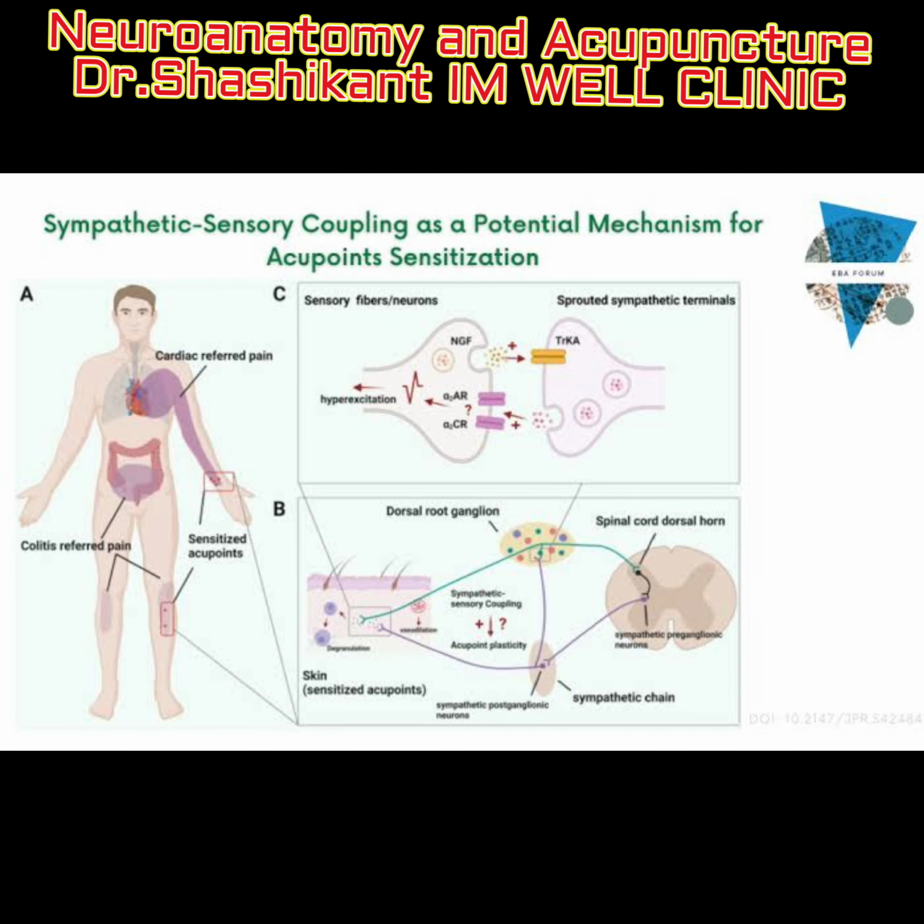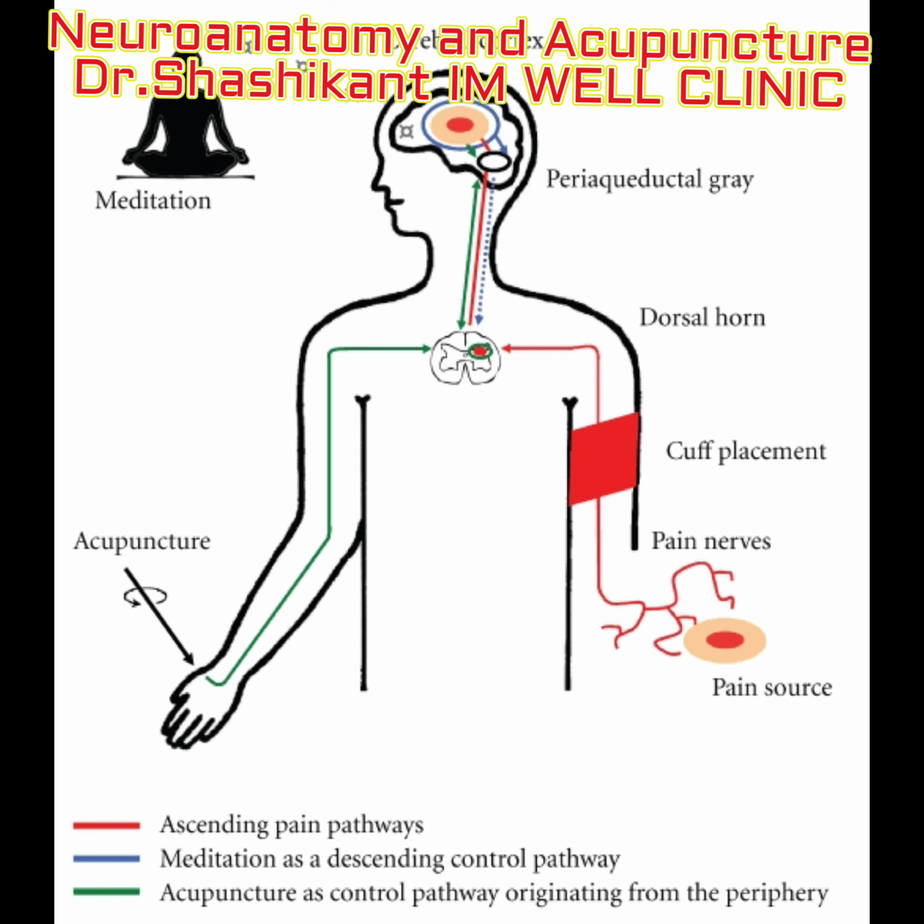So this study shows that the meridians and acupoints were very closely related to the distribution of peripheral nerves. See how interesting the study is. On one side, there is a traditional Chinese medical system trying to explain acupoints, and on the other side, neurophysiology trying to explain how acupuncture works or how this traditional Chinese medical system works.